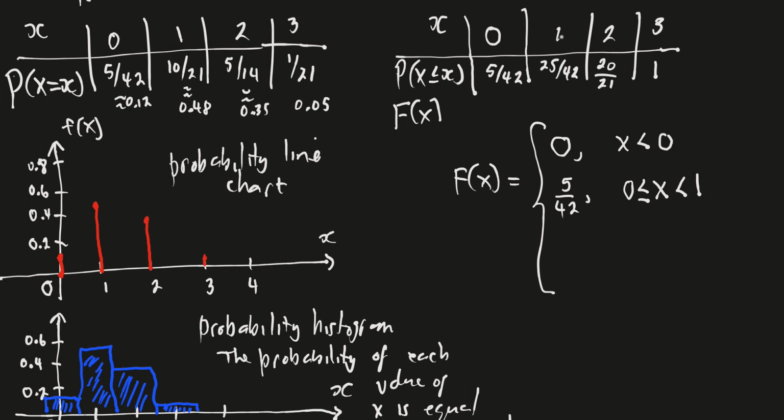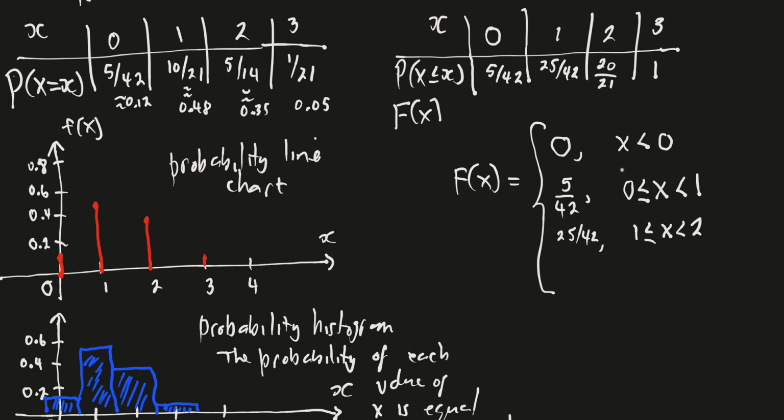So we haven't quite gotten to 1 yet. Once we get to 1, but before we get to 2, it's going to return this value. So it's going to accumulate the probability associated with 0 and with 1 for a total of 25 out of 42. But that only occurs whenever x is between 1 and 2, including 1 but not including 2.